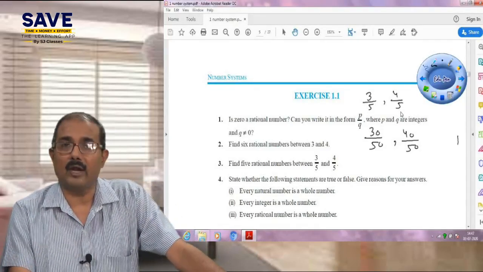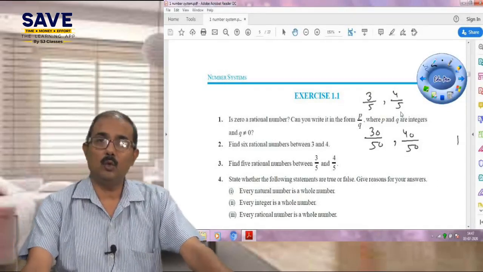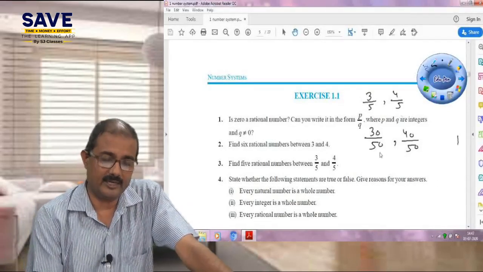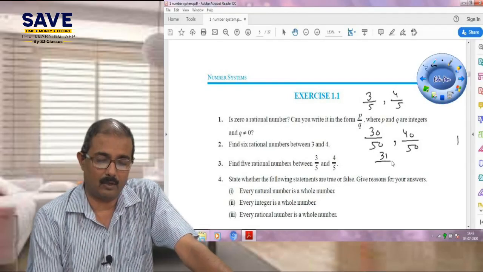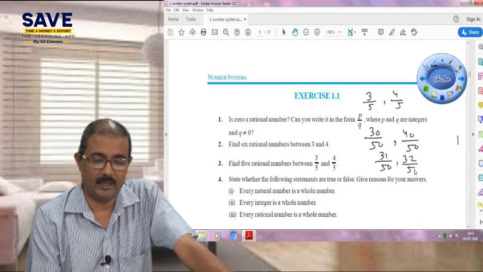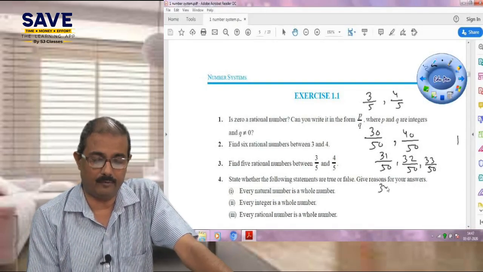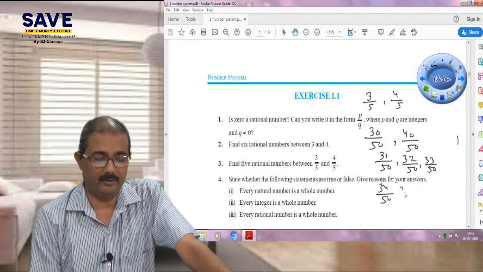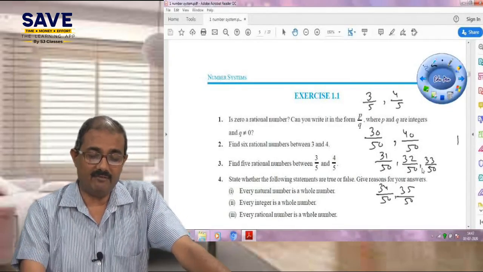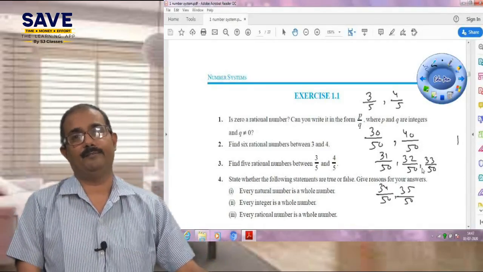Now you can easily write infinite rational numbers between these two. You can easily tell: 31 upon 50, 32 upon 50, 33 upon 50, and so on, 34 upon 50, 35 upon 50.